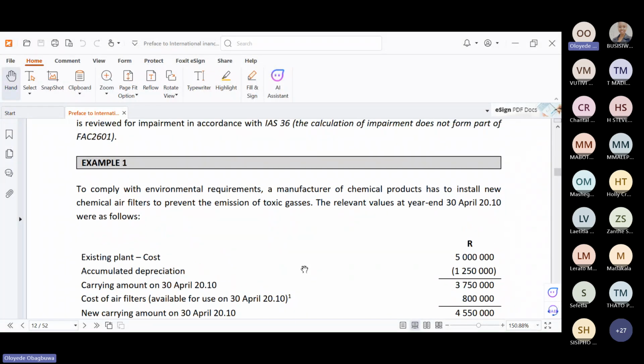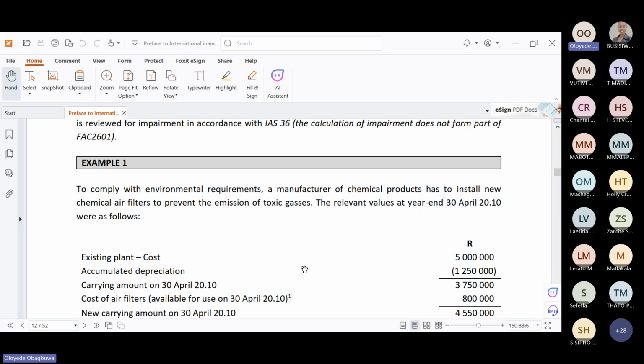When you talk of plant and machinery, there are some other costs that will come along with it, or that will be incurred in the cost of using that equipment, that may be capitalized. Capitalized in the sense that, what do you mean by capitalized?